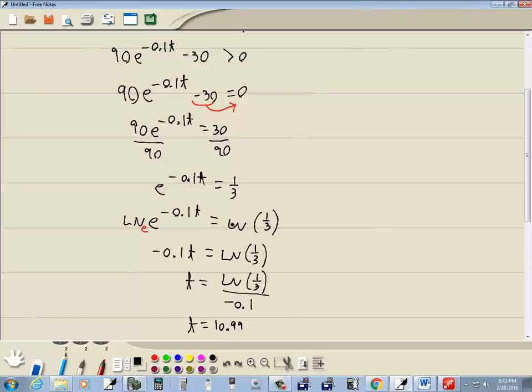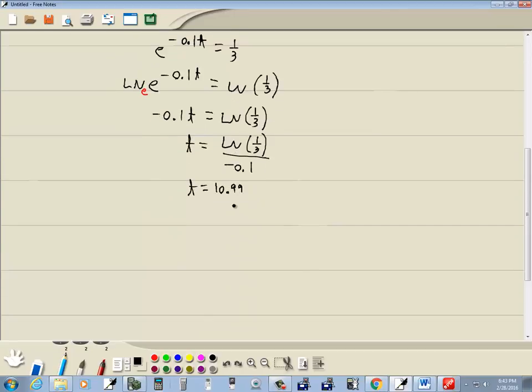Now this is going to be our critical value. This is where something potentially happens. So we got 10.99, and it starts off with t equal to 0. Can't have negative time. And over here, in theory, we put infinity. You could have the coffee sitting there for eternity.